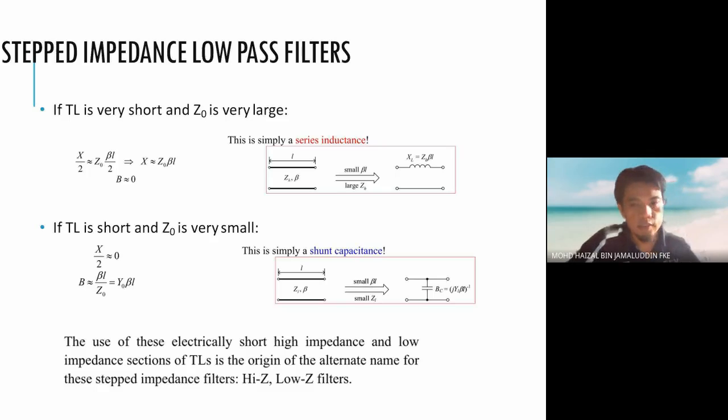The use of these relatively short high impedance and low impedance sections of transmission lines is the origin of the alternate name for the step impedance filter, which is the high-Z and low-Z filter. So we can remember here that for a high impedance, we are using an inductor, and for the low impedance, we are using the capacitor.